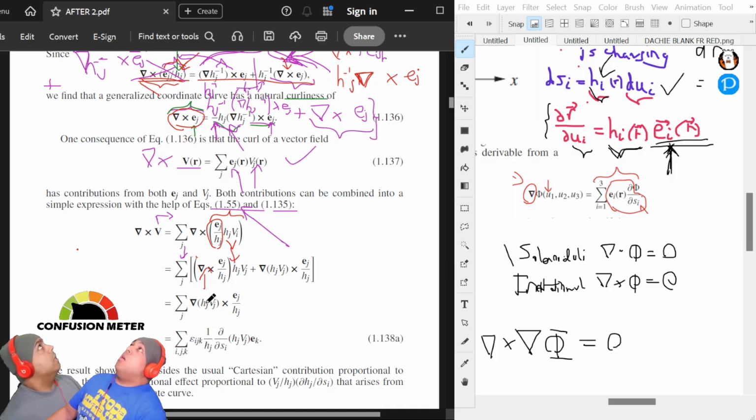Now we have gradient HJVJ cross EJHJ, which is just this. HJVJ is this, right? Nothing fishy. So this is zero. Is this zero? Is that what they're trying to say?